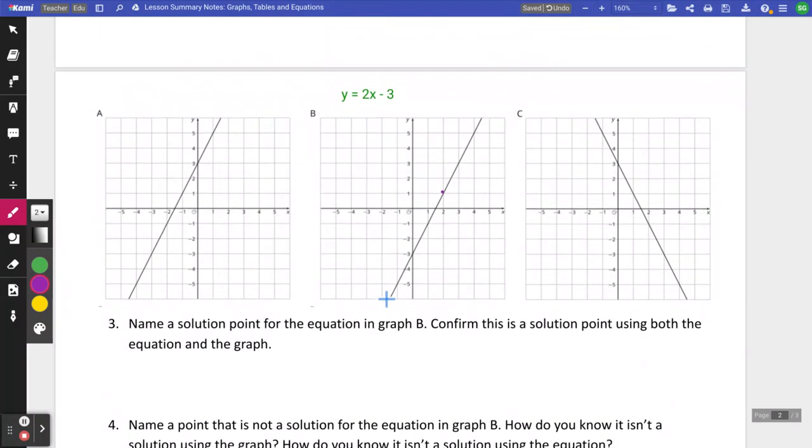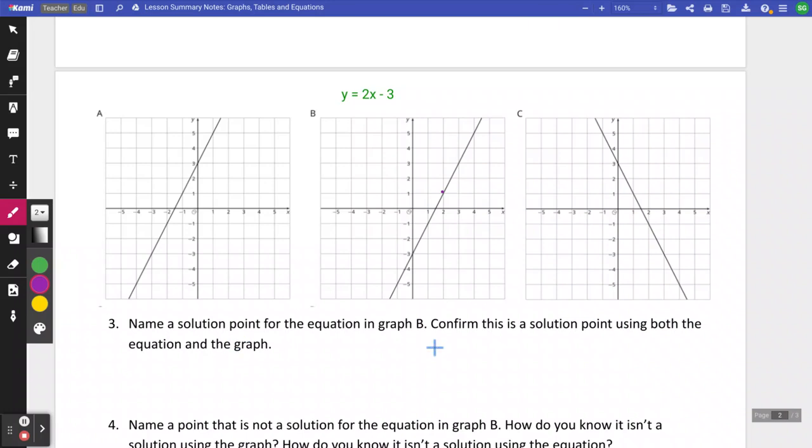However, is that the only point you could have picked? No. Using what we just said, solution points are points that lie on the line and satisfy the equation. There are many more points you can use as your solution point for number 3.